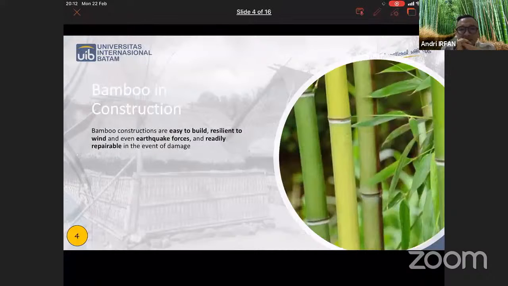Bamboo constructions are easy to build, resilient to wind and even earthquake forces, and easily repairable in the event of damage. Associated products such as bamboo-based panels and bamboo reinforced concrete also find application in construction. This is bamboo construction with a modern touch, which is different from the traditional touch.